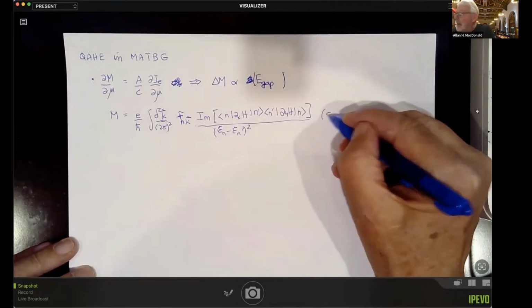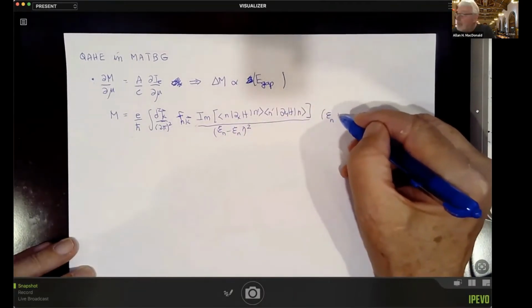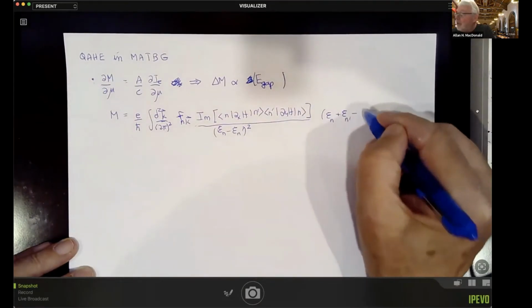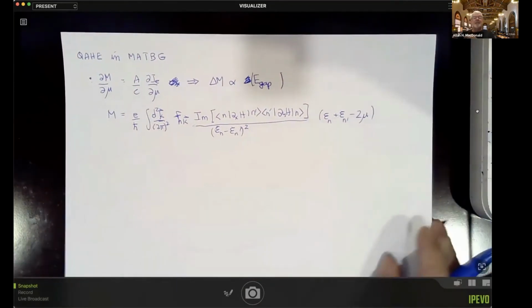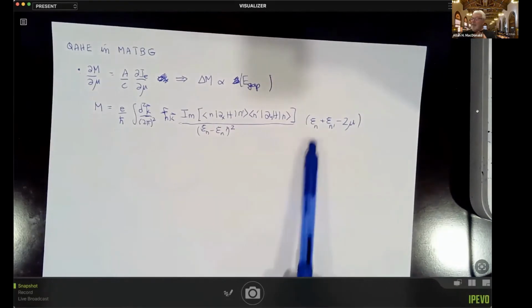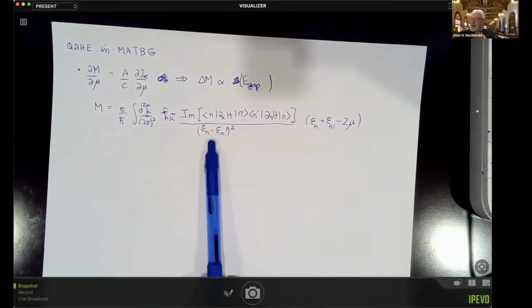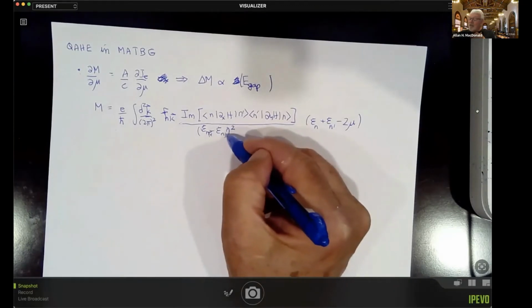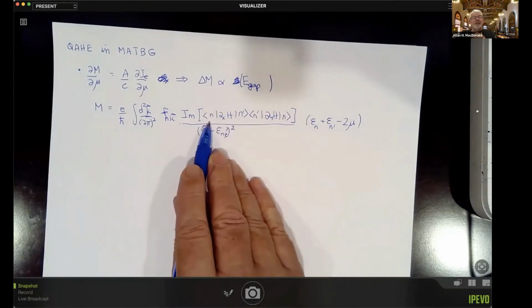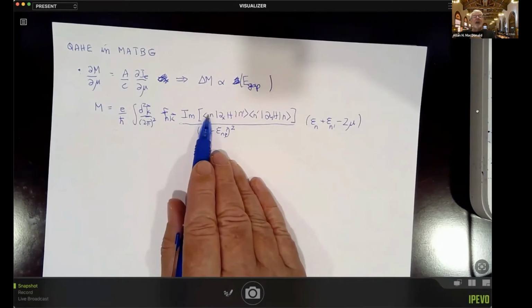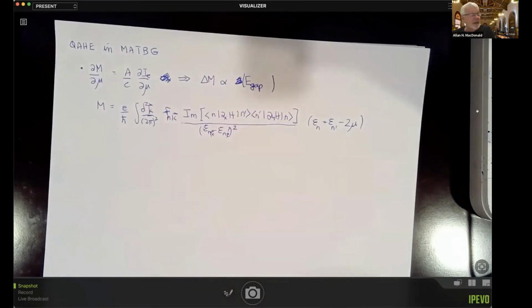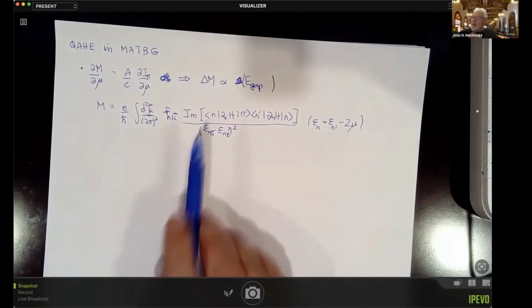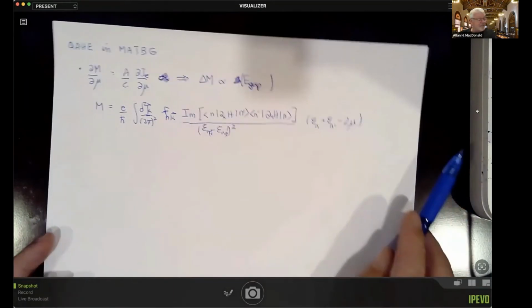This is the band theory expression for orbital magnetization. It just depends on the band structure, energy as a function of momentum. It also depends on these velocity matrix elements between occupied and empty states.